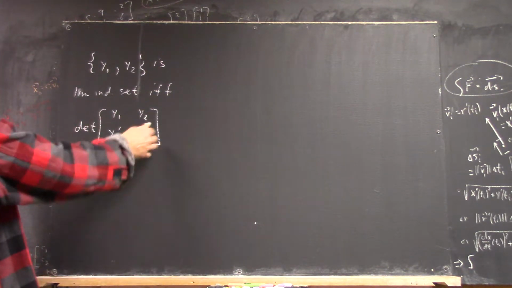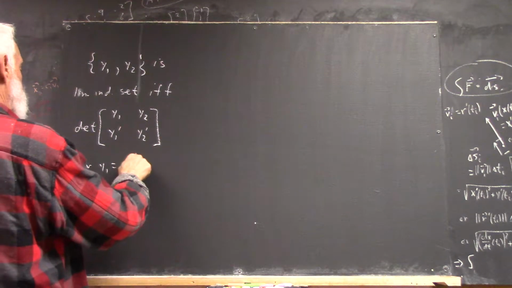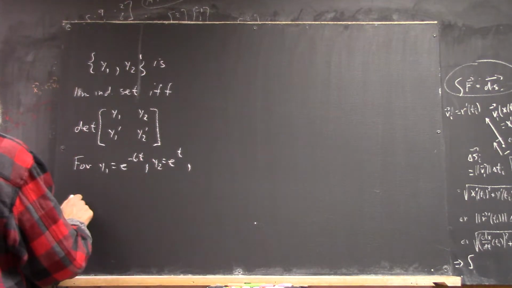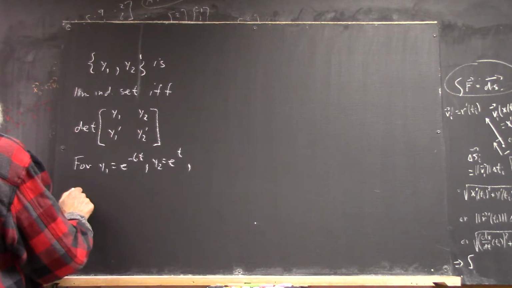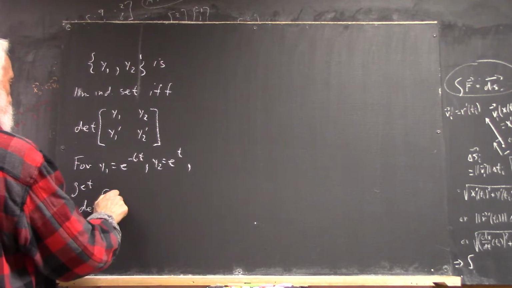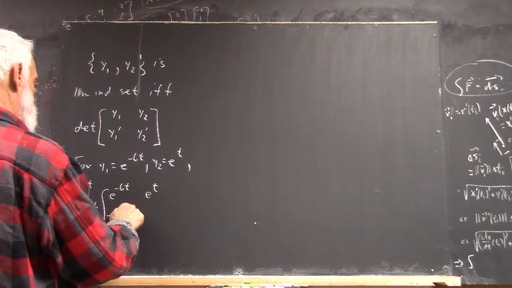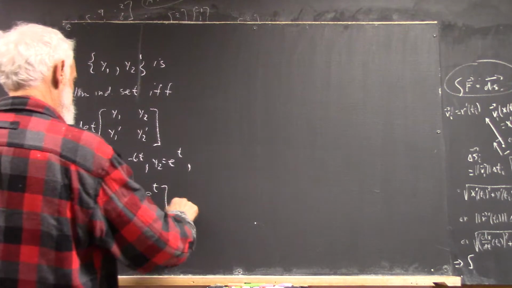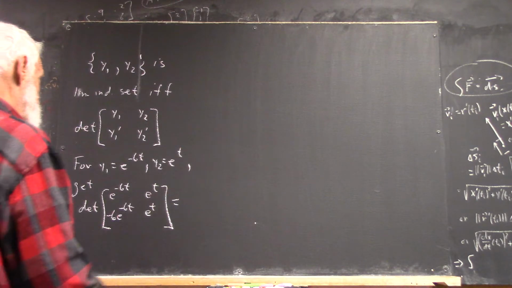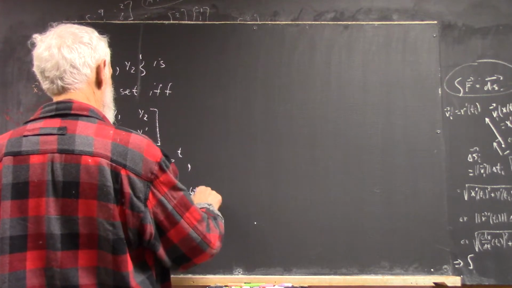Let's see what the determinant of that matrix would be for this set. Okay? Determinant is this. What's that determinant? It's e to the negative 6t times e to the t.